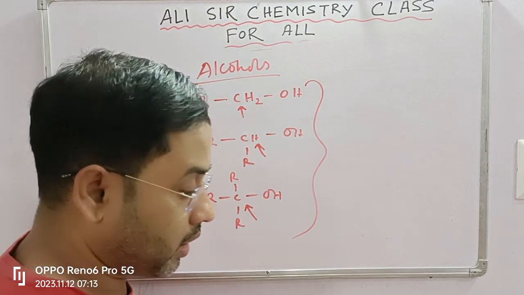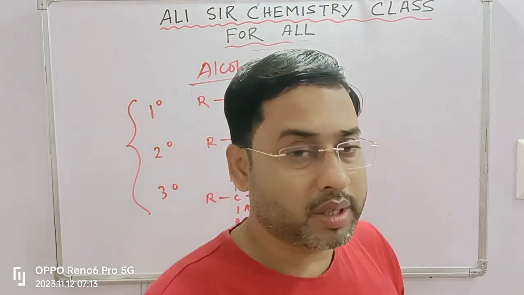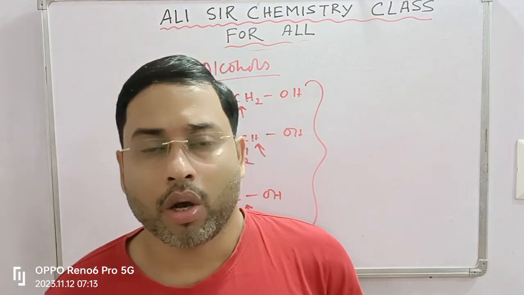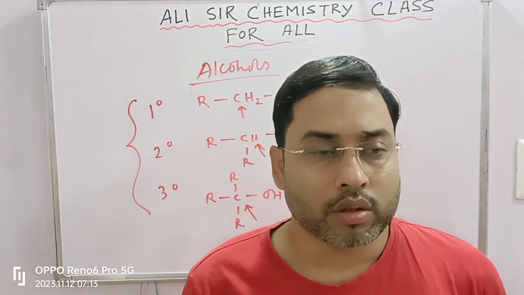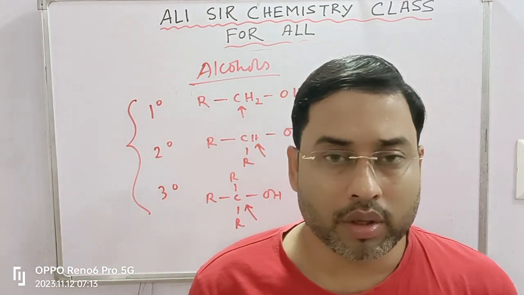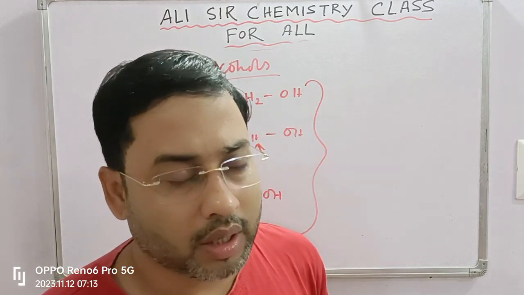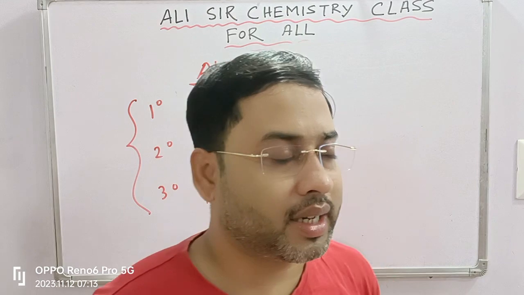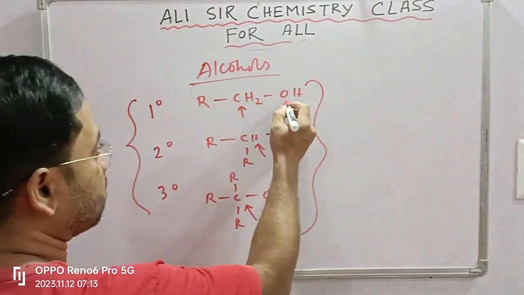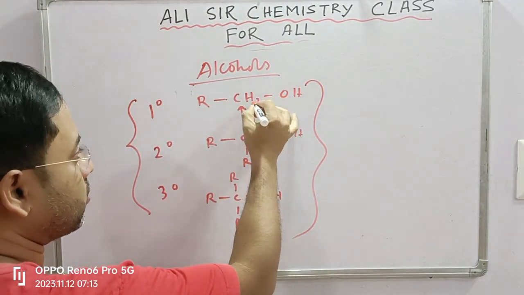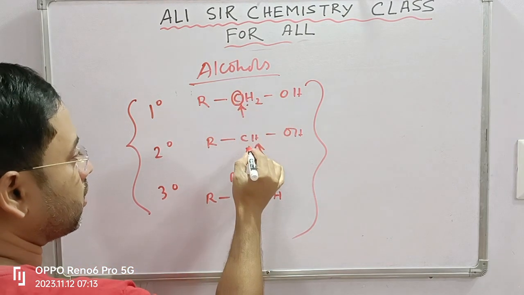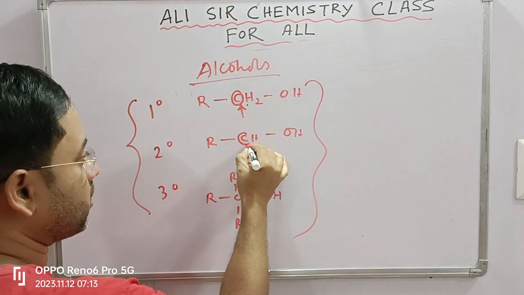Sometimes you make mistakes in identifying whether an alcohol is primary, secondary or tertiary. So there is a very simple way. You have to focus on that carbon to which the hydroxyl group is directly attached. Say this is the primary carbon: the OH group is attached to this carbon, and this carbon is primary. If you see this carbon, it is secondary.